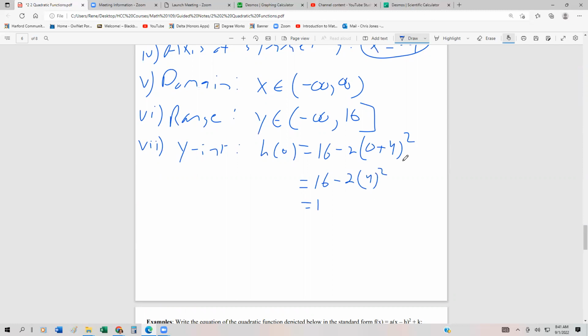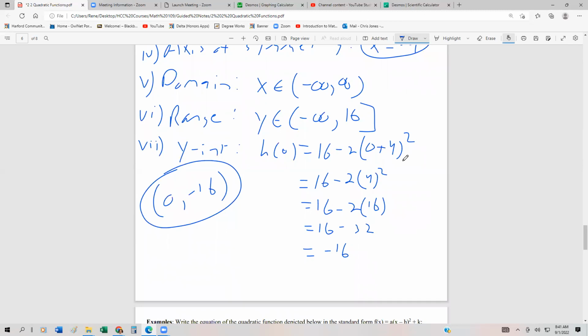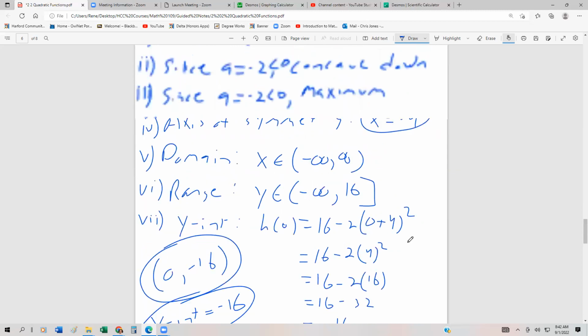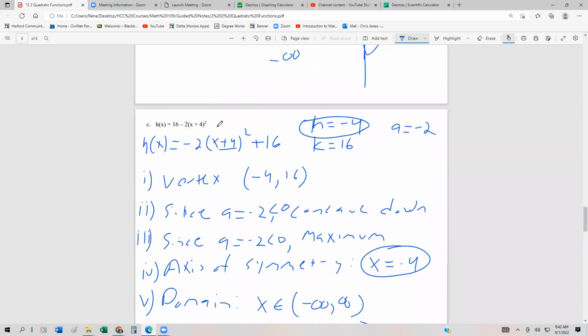And that's going to be 16 minus 2 times 16, 16 minus 32, or -16. And so the y-intercept occurs at the point 0, -16. Or if we just wanted to say that the y-intercept was equal to -16, depending upon what we're asked to do. All right, now for the x-intercepts, that's where we have to set the function equal to 0.